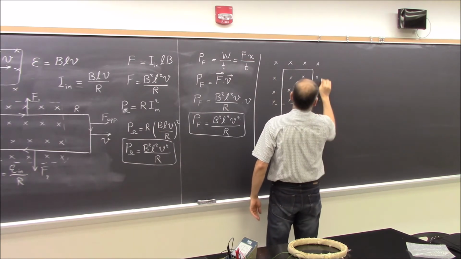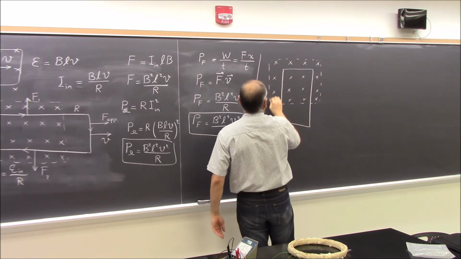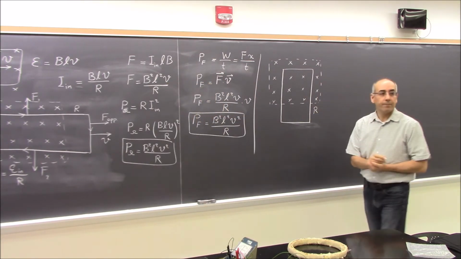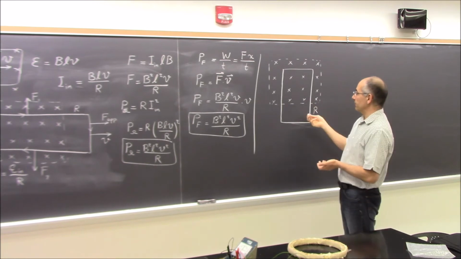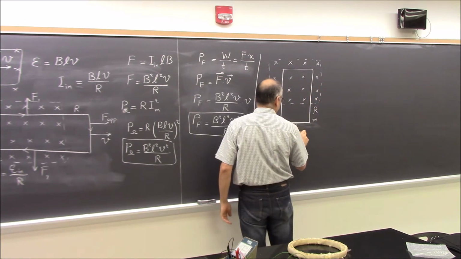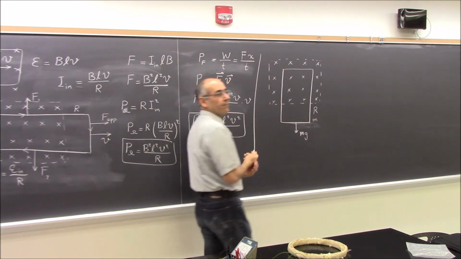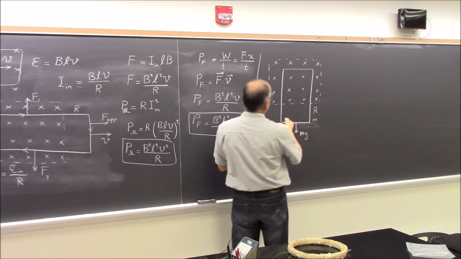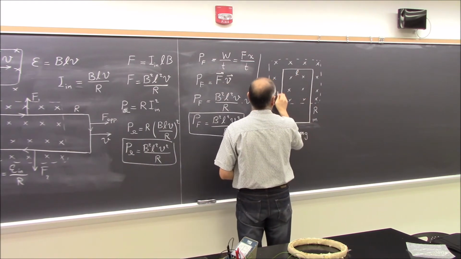The magnetic field is only in this region. It has a resistance R and has a mass M. So the gravity is pulling down by mg. And the size of this is L times H.